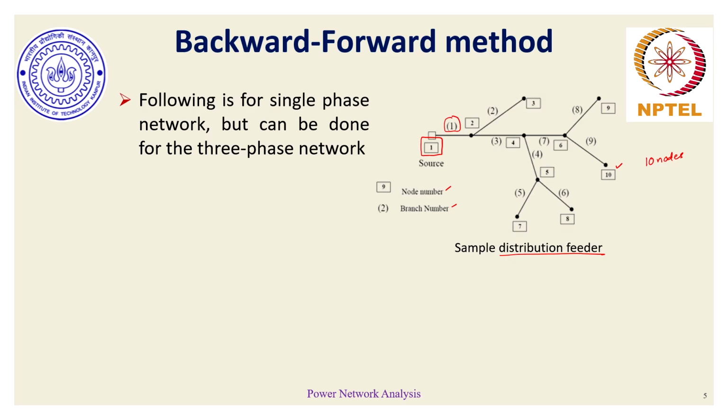So one would wonder, what do I mean by a non-radial or mesh structure? The mesh structure would occur when I have some circulating path present in the distribution network. For example, if bus 2 and 7 are connected by a branch, and bus 8 and 7 are connected by another branch, I would have two circulating paths.